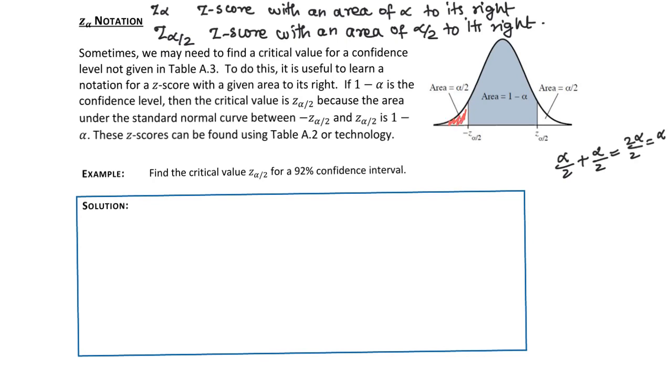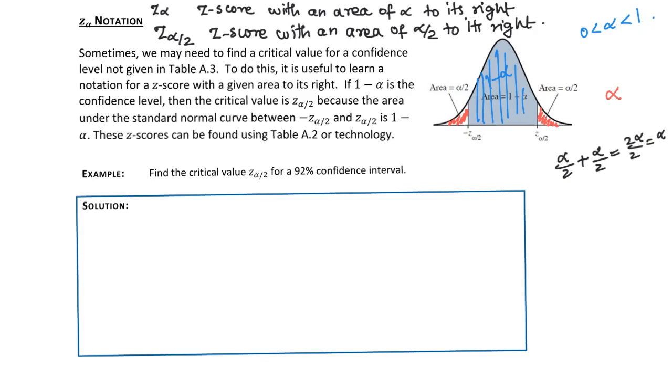So the area of these two together is alpha, and this area will be 1 minus alpha. Alpha is a number between 0 and 1. The total area under the curve is 100%, or in decimal that is 1.